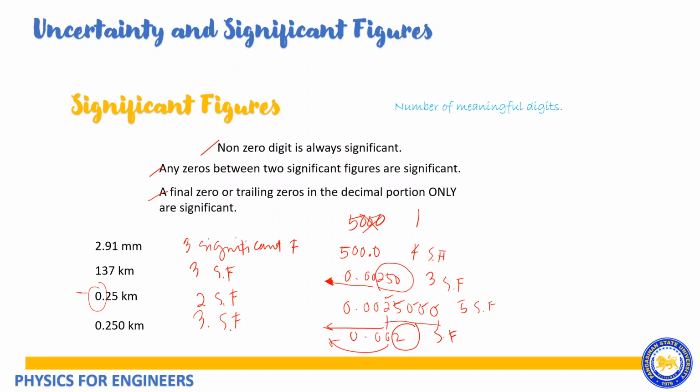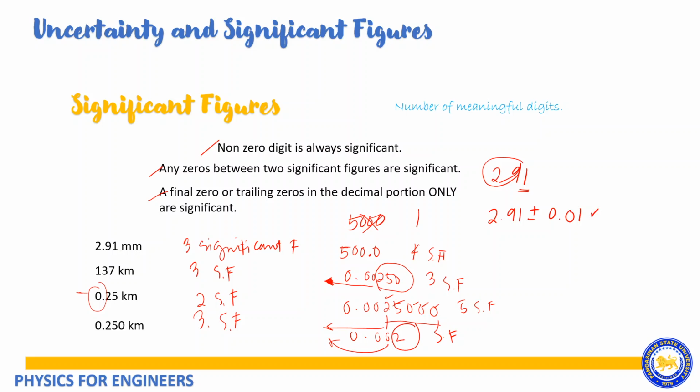Alright. So, ma'am, ano naman pong silbi ng significant figure sa uncertainty? Ang ibig lang pong sabihin kasi, para lang din siyang notation ng accuracy. So, for example, 2.91. Tatlo ang significant figure nito. Ito, sure siya dito. Pero dun sa last, hindi siya sure. So, parang ganito yan. 2.91 plus minus 0.01.